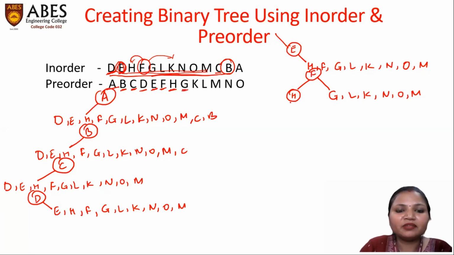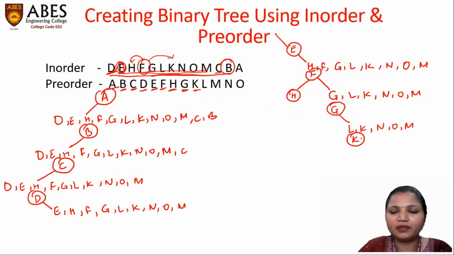So the next traversed element is G. So the next node is G. Now check: L, K, N, O, M are on the right hand side of G. Now K is the root node. So here K will become the root node. Fine.